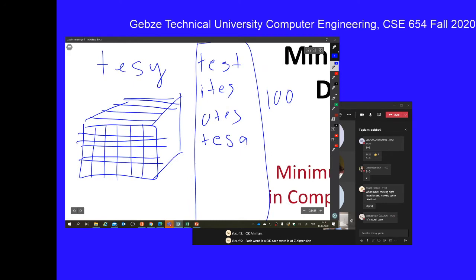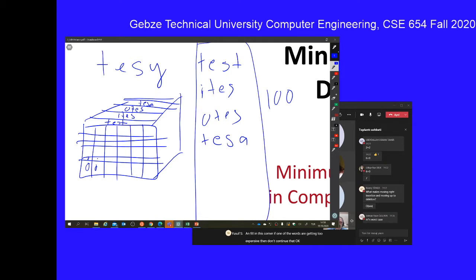This is test. This is I test. This is O test, etc. Don't fill in the whole volume, but start filling in from this corner. If one of the words is getting too expensive, then don't continue that.